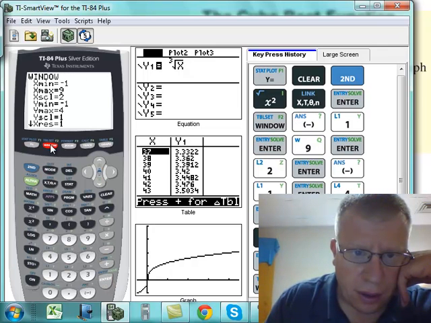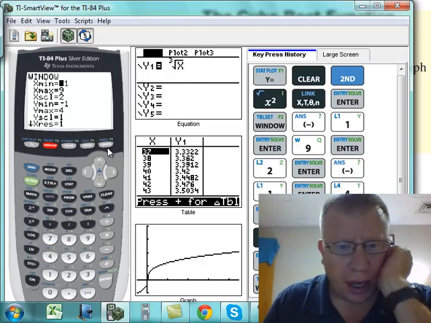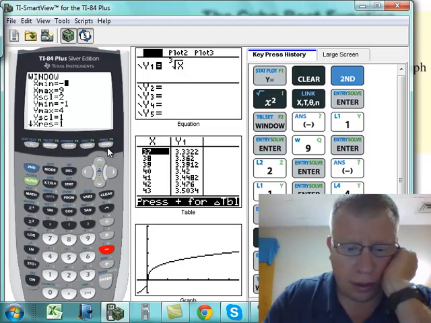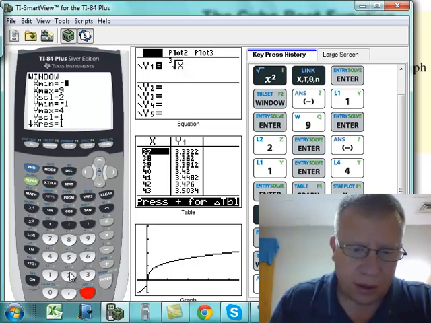Now, in the window here, maybe we could let X go from, say, negative, oops, I better be careful here. Got to use this negative sign. I want to use the keys on my keyboard here. Negative 27.